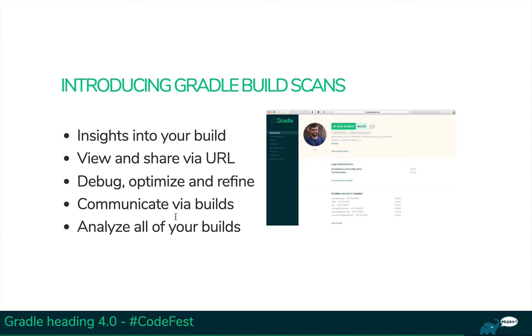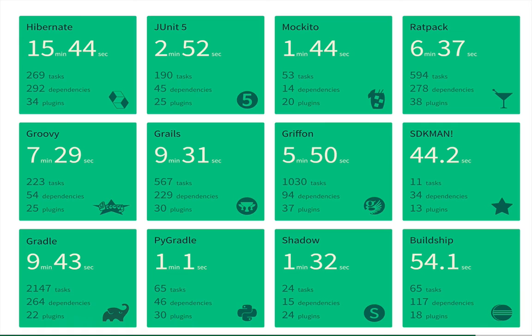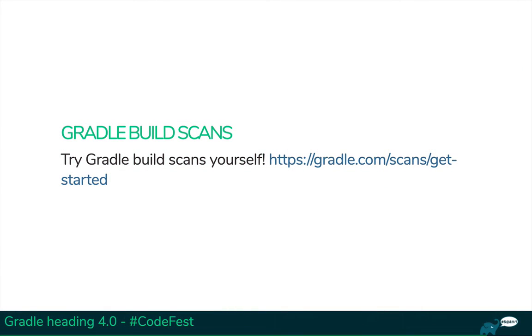Communicate by using your builds and analyzing all the builds in your organization, not just the CI builds. Plenty of open source projects are already using it. Give it a try. It's available for free at gradle.com/scans to get started, and give us your feedback. We are really interested in that.